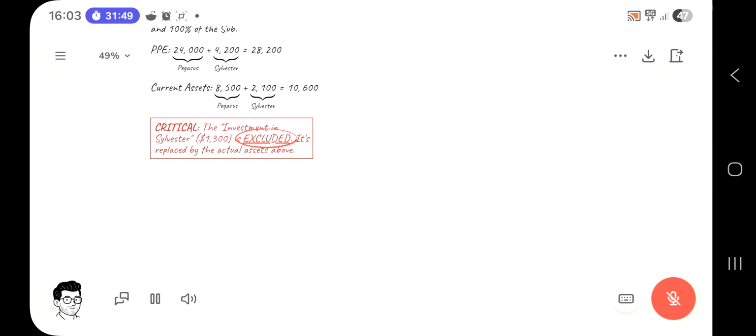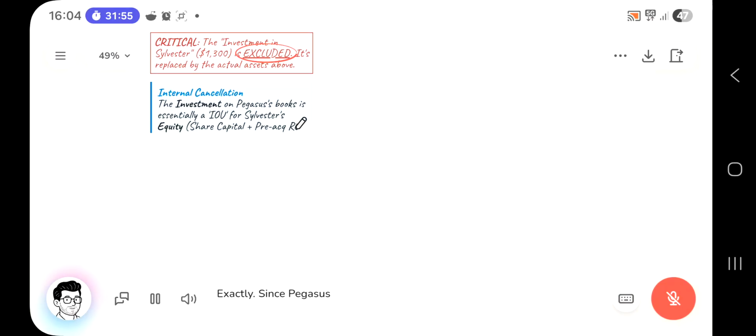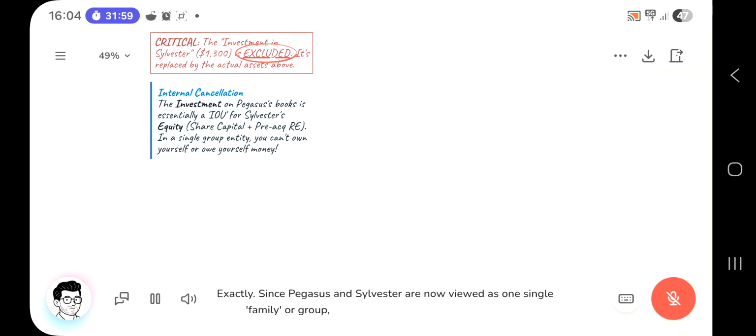Bingo! You hit the nail on the head. Exactly. Since Pegasus and Sylvester are now viewed as one single family or group, that investment is just an internal link. It's like moving $10 from your left pocket to your right pocket.